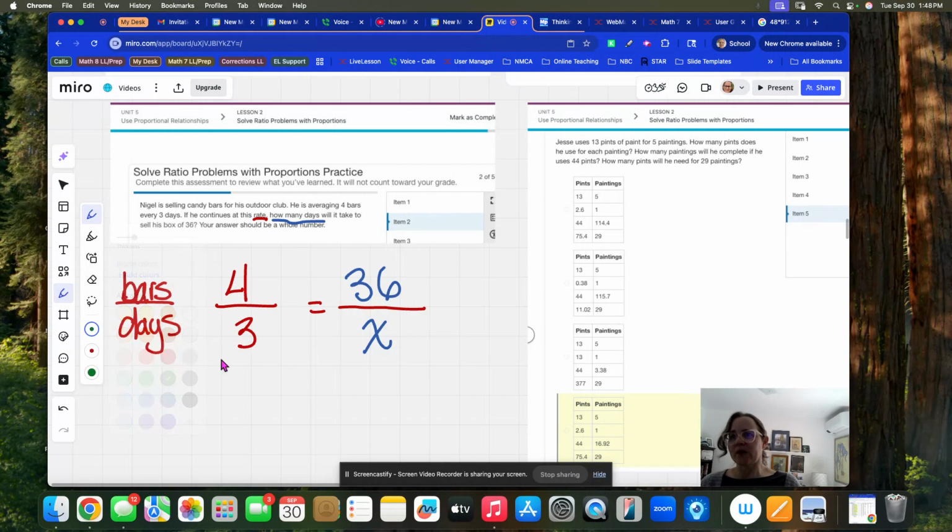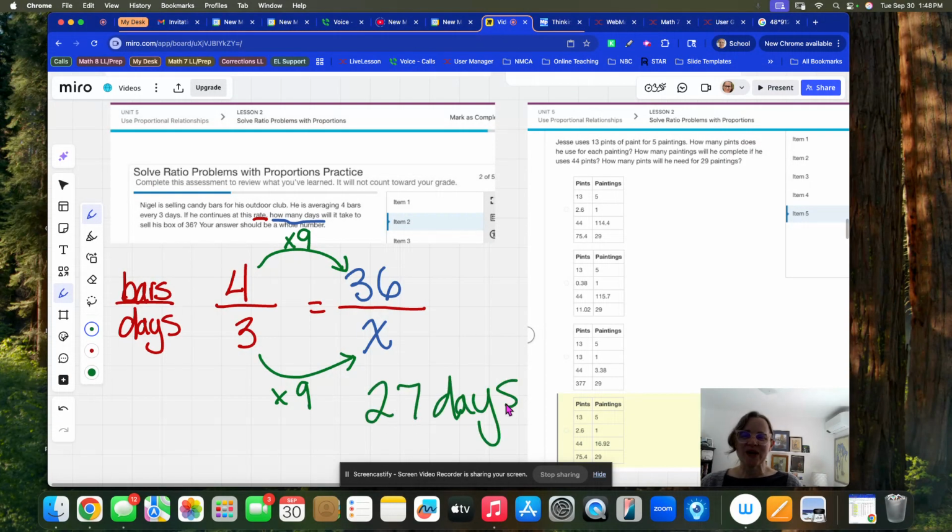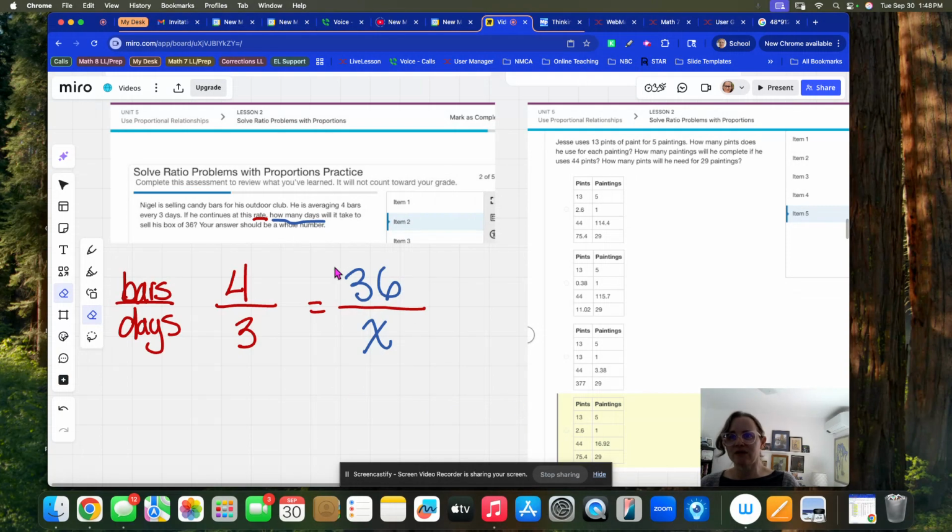Well, if you're quick enough with your math facts, you might notice that 4 times 9 would be 36, and then you could just multiply 3 times 9 to get the answer, which would be 27.